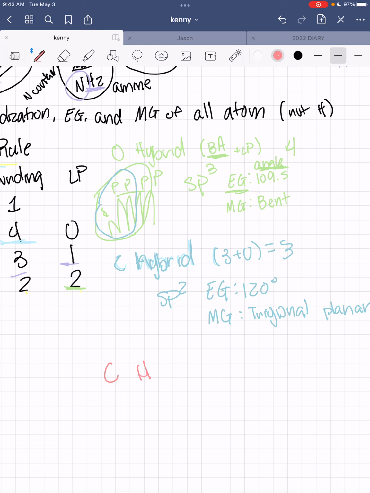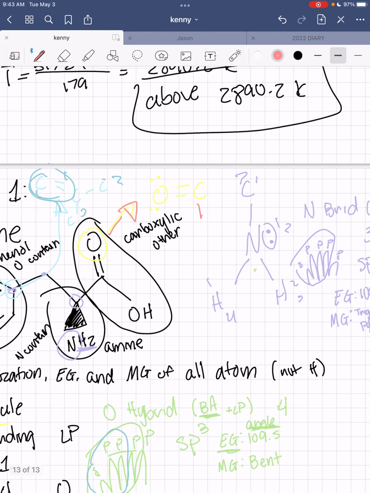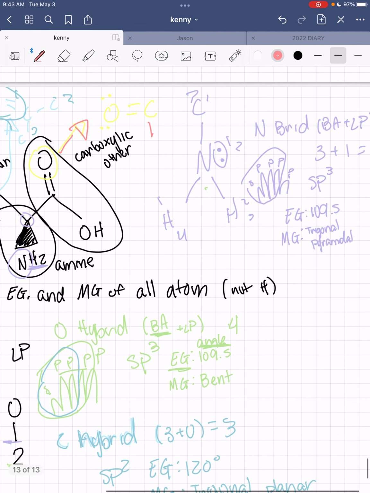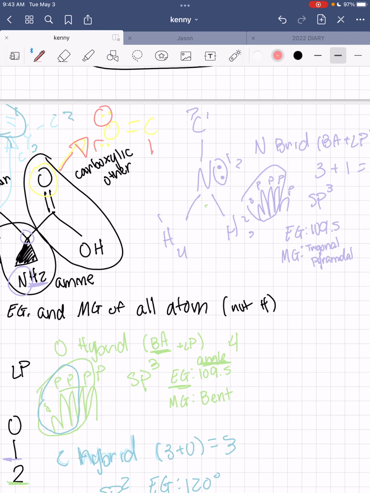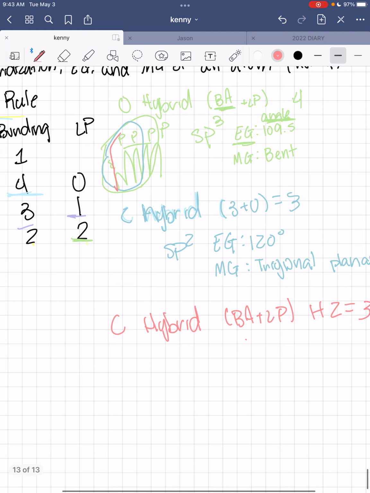Carbon hybridization, BA plus LP. BA is one bonding atom plus 2 lone pairs. You see 2 lone pairs right here: 1, 2. So 3, finger trick: 1, 2, 3.